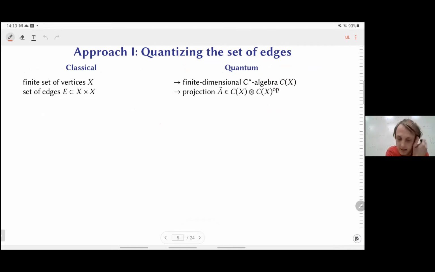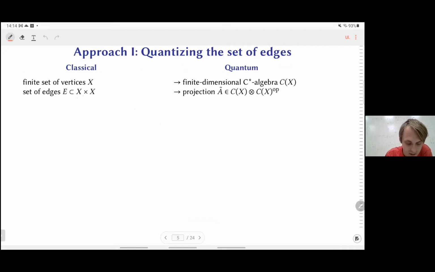So approach one, quantizing the set of edges. As I said, we have the finite set of vertices. Classically, this is generalized to the quantum case by taking a finite dimensional C-star algebra. And now, what is the set of edges?